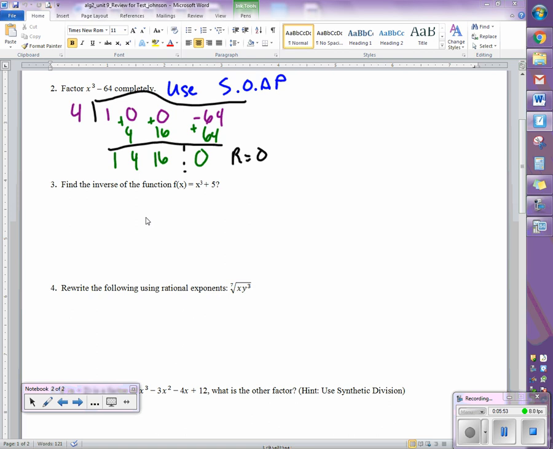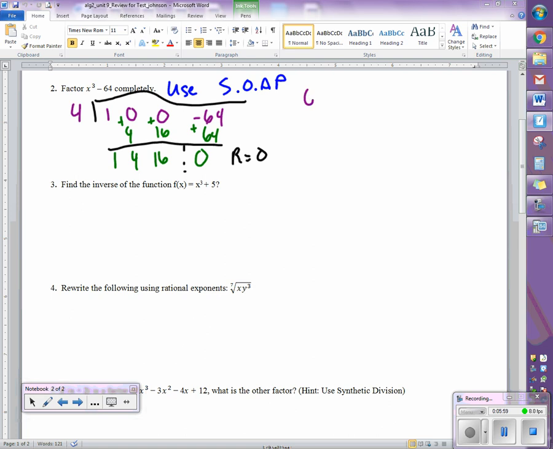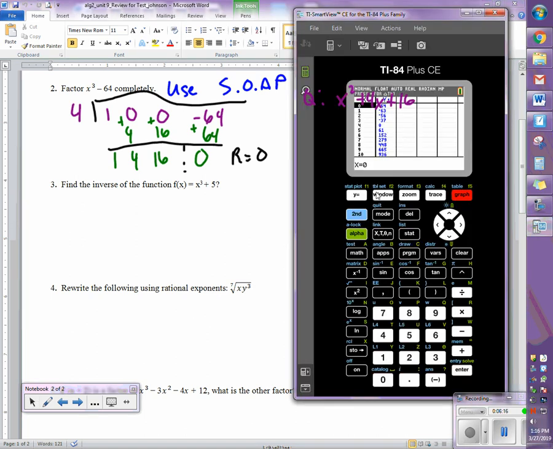So now that I know 4 is a solution, I need to write out the quotient as in with the variables back. So that would give me x squared plus 4x plus 16. Now the reason when I looked at the graph, I only saw it touched one time, again, is because there's only one real solution.